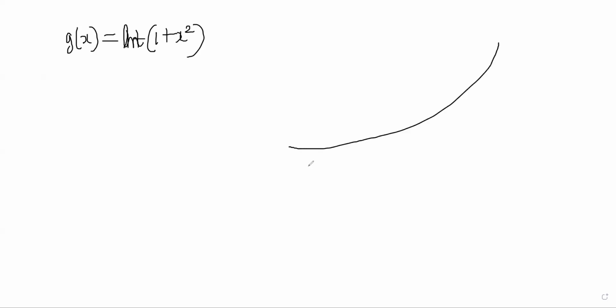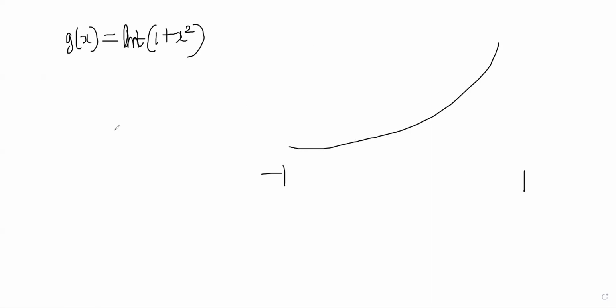The function graph has to be concave up in the interval -1 to 1. A concave up graph looks like this.